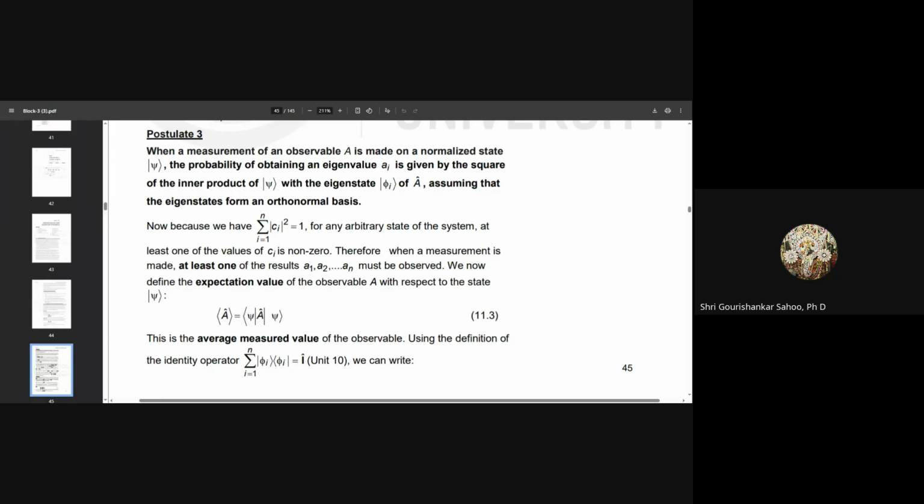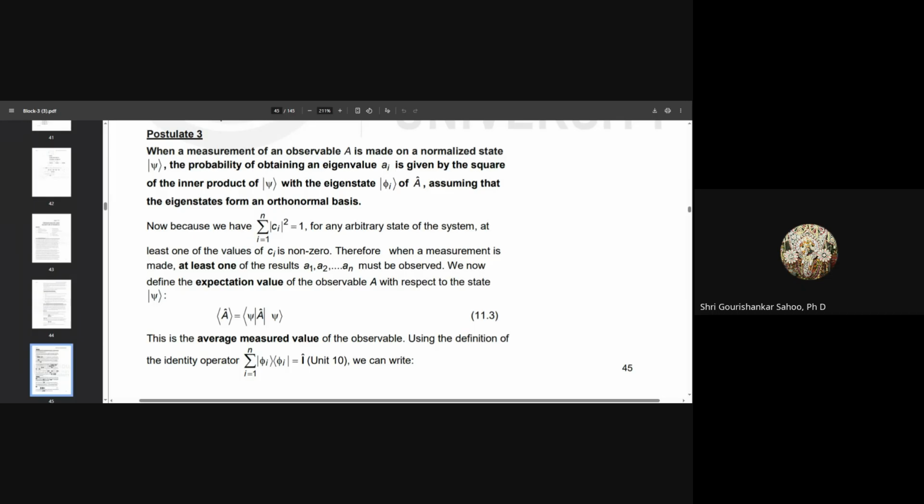So now, because we have the summation of |ci|² from i = 1 to n equal to 1 for an arbitrary state of the system, at least one of the values ci is non-zero. Therefore, when a measurement is made, at least one of the results a1, a2, and so on up to an must be observed.